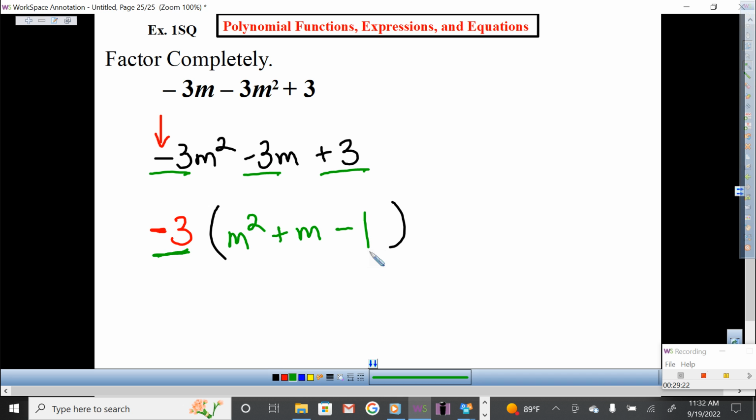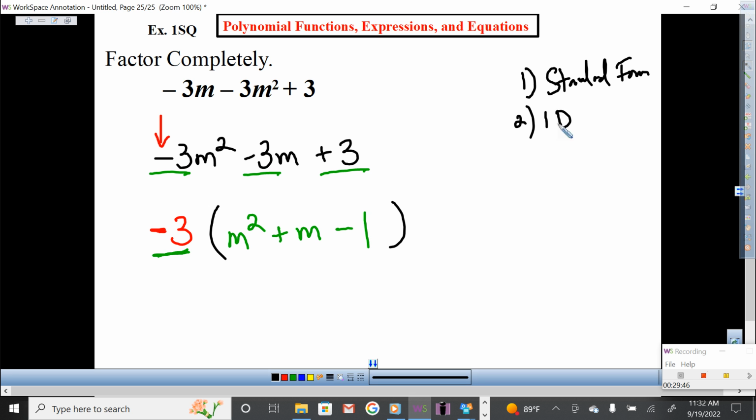Okay? So if we were to write a small note on the side in regards to the steps, what would be the first step to check for? Yeah, write that down. Standard form. What would be the second thing we're going to check for after standard form? GCF.